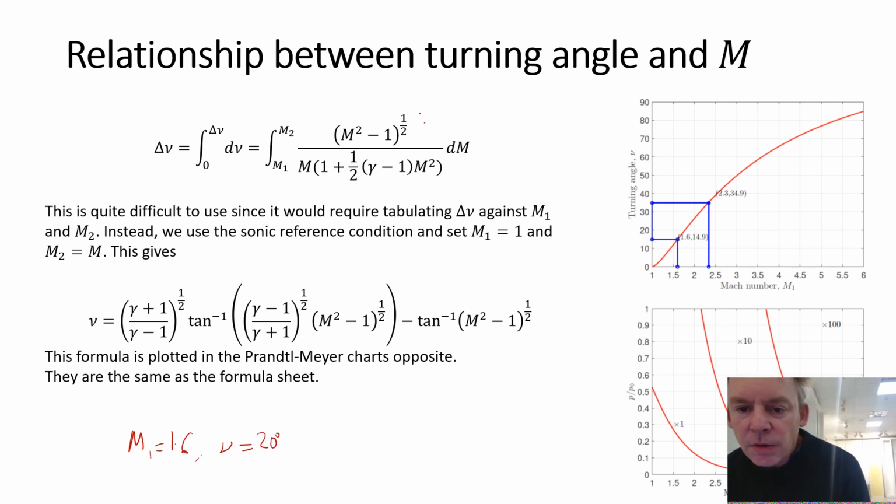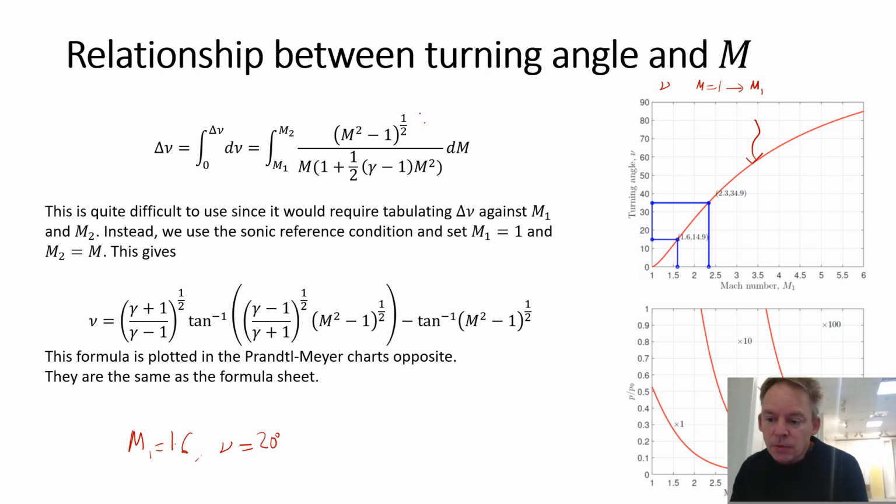And so if we take a reference state of 1, then we end up with this reference state curve on this Prandtl-Meyer expansion chart. It shows the universal solution that tells us the deflection angle nu as we go from a Mach number of 1 to the Mach number M1 that we want.